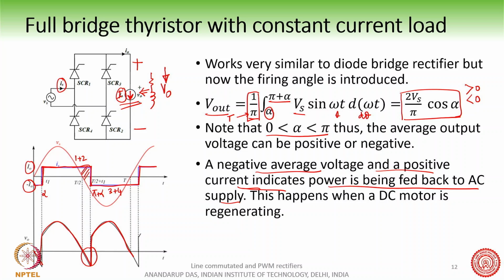The motor is actually braking, or the speed is falling down, and the kinetic energy of the motor stored in the rotational part is being transferred back to the AC supply. And this can be done by the rectifier by changing the firing angle. So we make the average voltage negative, whereas the current is still positive, and so the power will be fed back into the AC supply. This is typically used for regeneration operation.